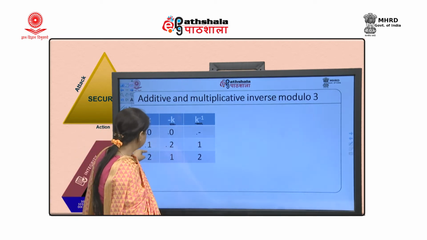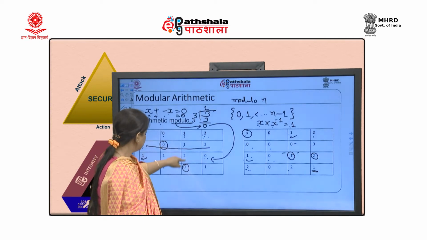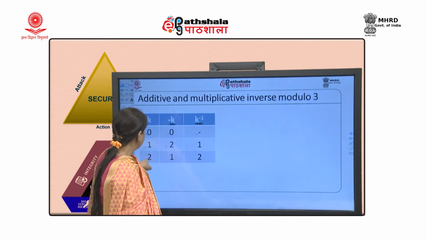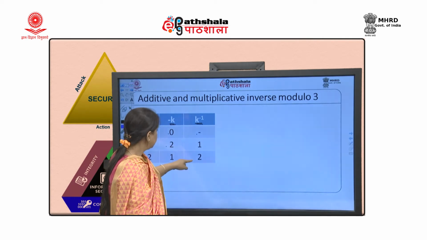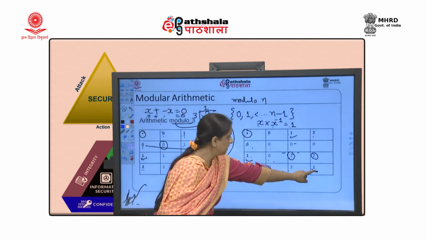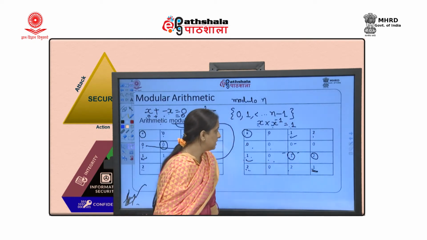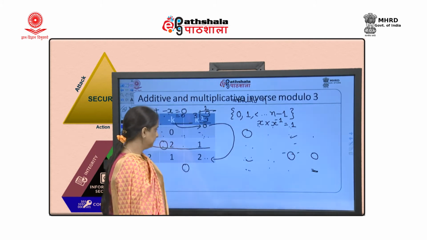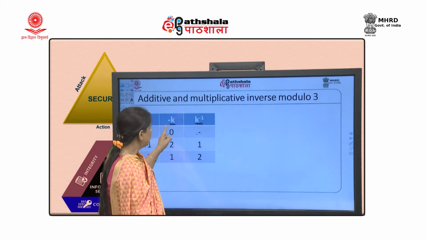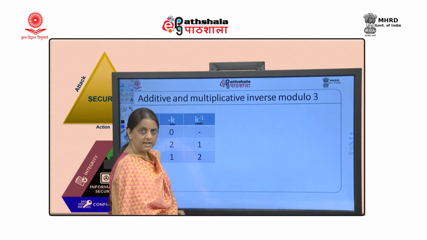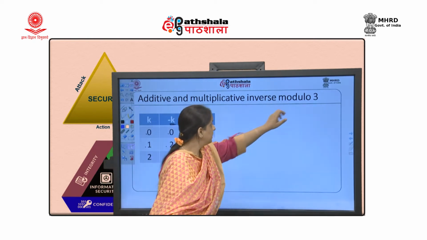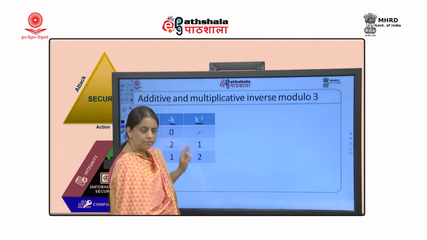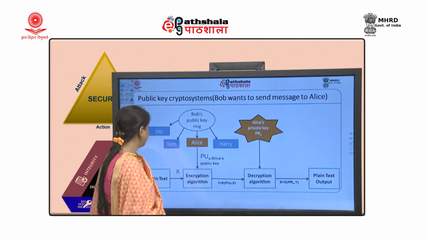Just check the previous slide, my additive inverse is 1 because it is giving 0. And for 2, my multiplicative inverse is 2 because the multiplicative inverse is the one that gives 1 as a result. So you are clear what additive and multiplicative inverse are. Do not forget we prepared this table for modulo 3 operation.